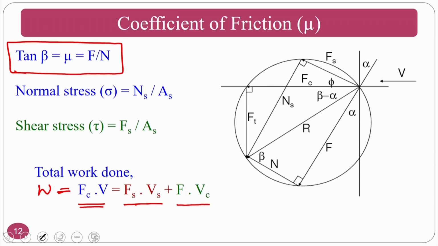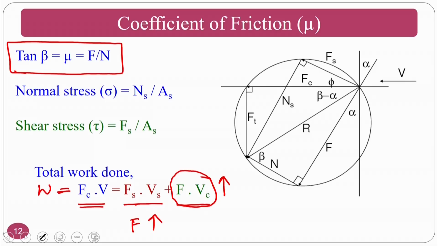The frictional force multiplied by the chip velocity goes as waste, which we have already seen. So if the tribological conditions are bad, the frictional force will increase. If my frictional force increases, this part of my energy goes up, and my input also goes up.